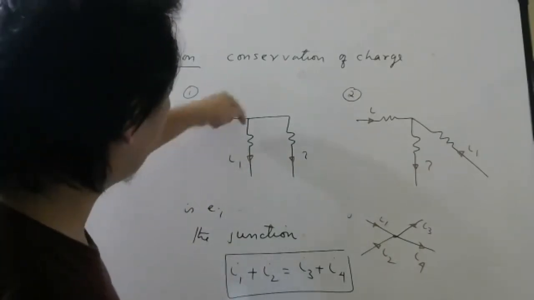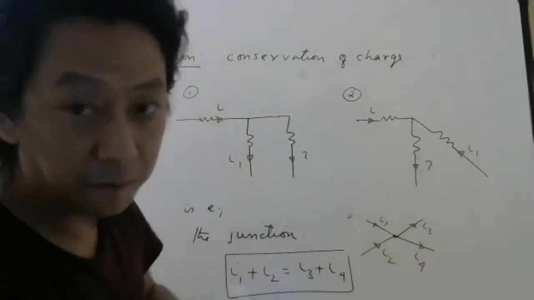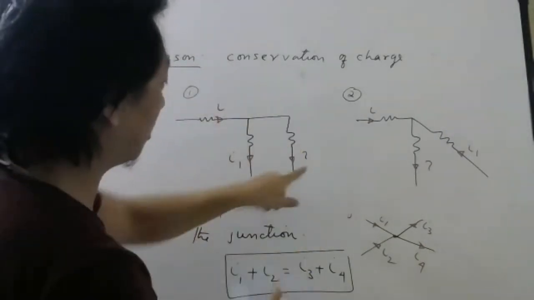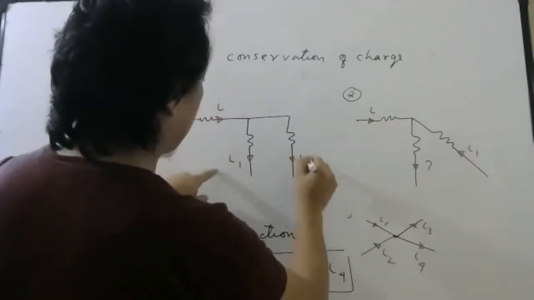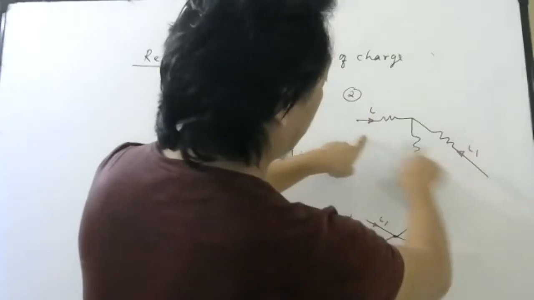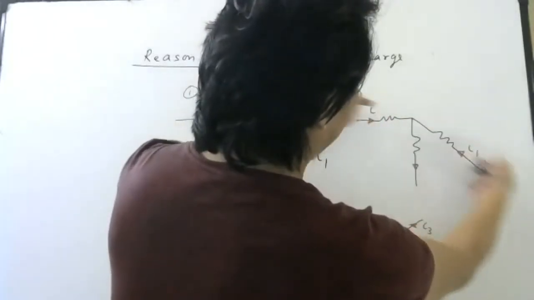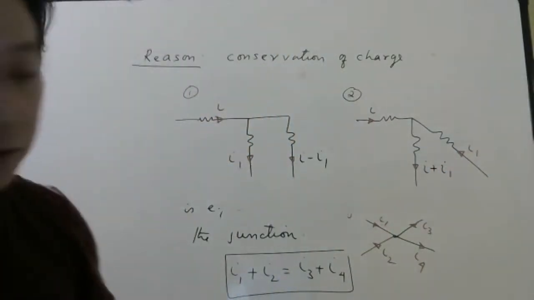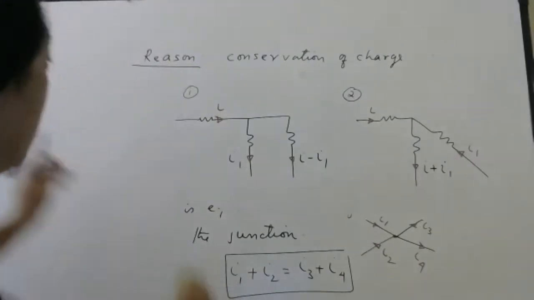Whatever is entering should be equal to whatever is leaving. So I is entering, I1 plus question mark is leaving. So question mark must be I minus I1. Here how much will be leaving? Be careful with the direction. Here both are coming like this. So how much will be leaving? I plus I1. Okay, so be careful about this.